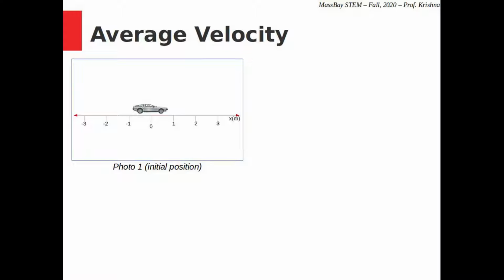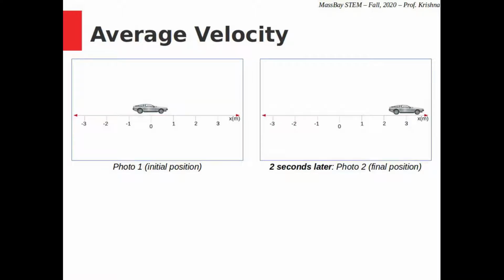In our earlier example, we took 2 photos of the car, one when it was at 0 i hat meters and one where it was at 3 i hat meters. Some time clearly elapsed between those photos. Let's say it was 2 seconds. Then we would be able to say how quickly the car moved.